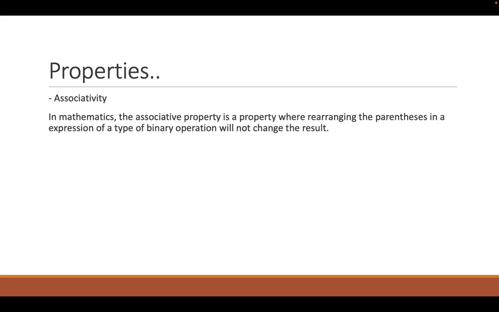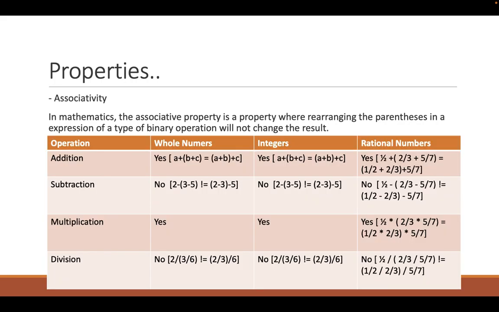We will see this here. These are the operations, these are the number categories. So when you do addition, A plus (B plus C) equals (A plus B) plus C. So the bracket position changed is called associativity.